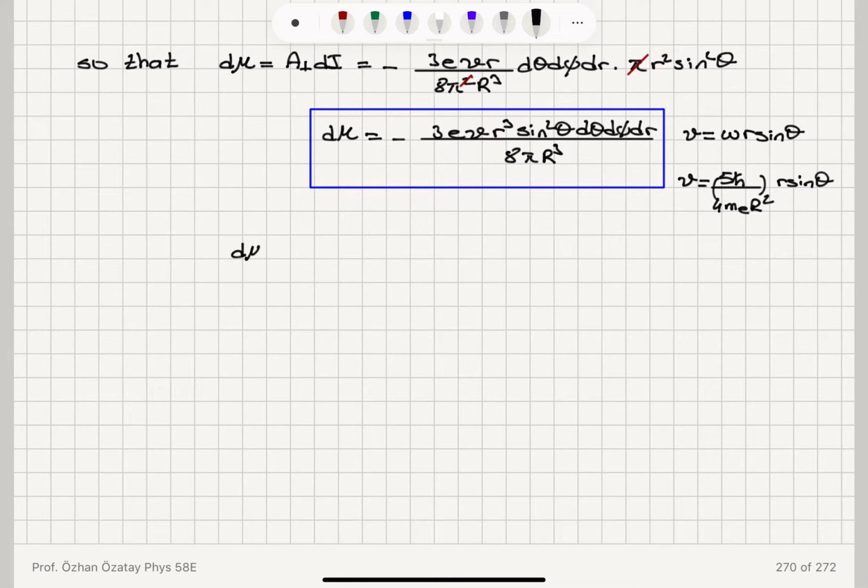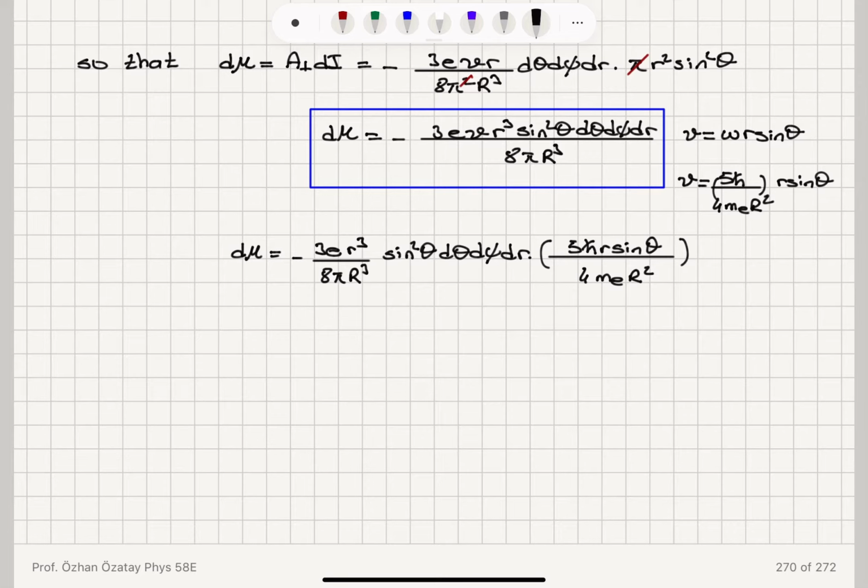So d mu will become then minus 3e r cubed divided by 8 pi capital R cubed sine squared theta d theta d phi dr multiplied by v, which is 5 h bar r sine theta divided by 4 mass of the electron capital R squared.